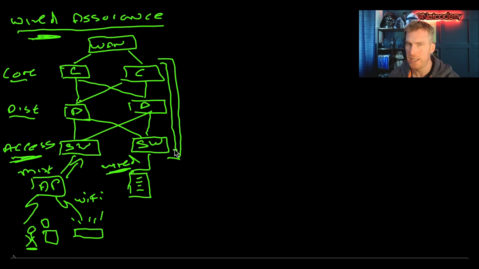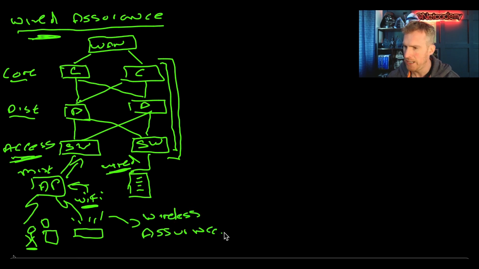If you want to have the service level expectations into the Wi-Fi network, i.e. onto the access points, the Mist access points themselves, that will be wireless assurance. And if you want the insights into the WAN, SD-WAN, that would be, guess what, WAN assurance.